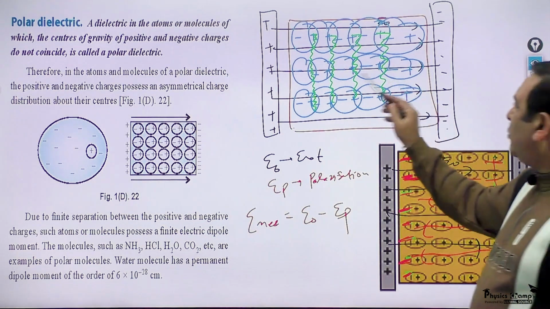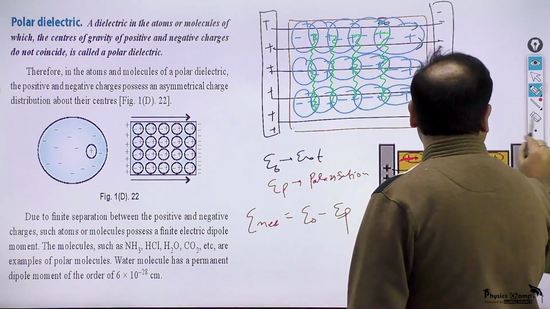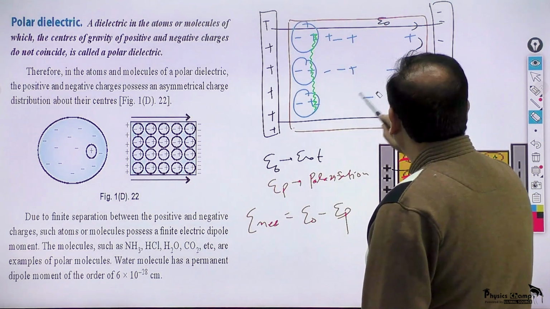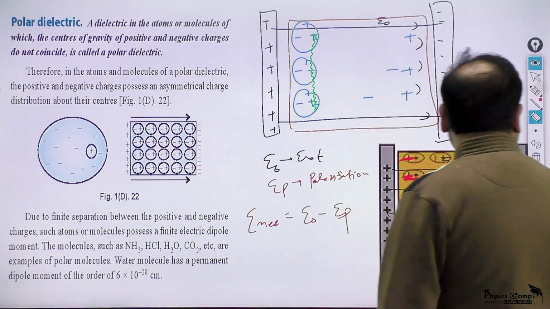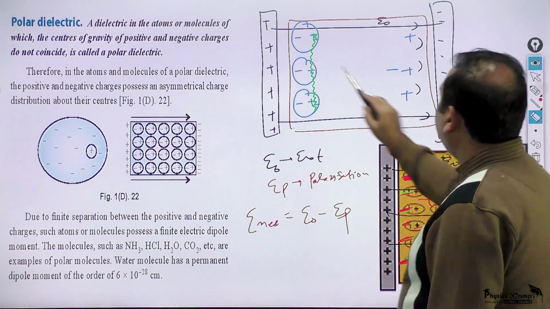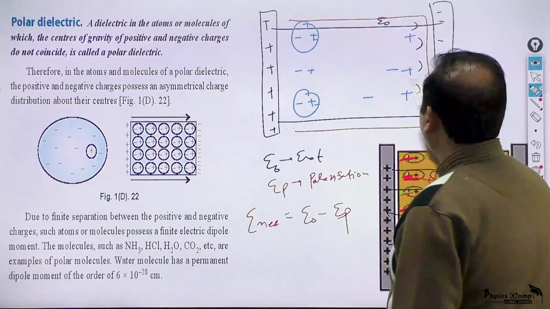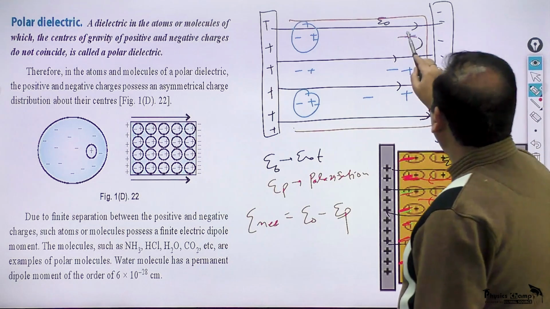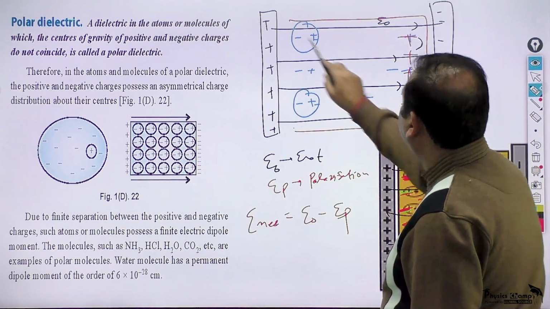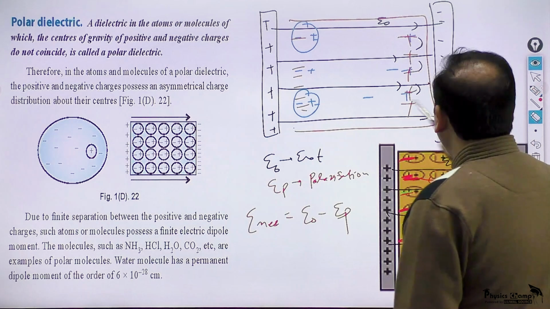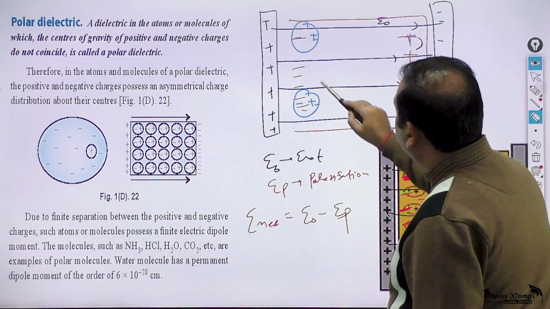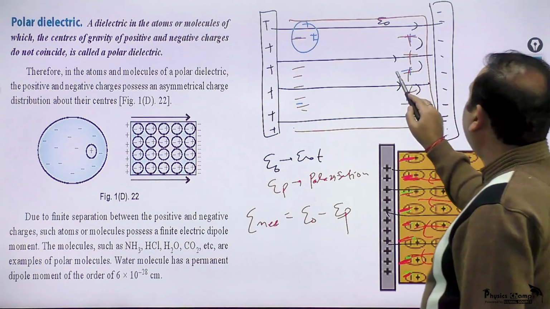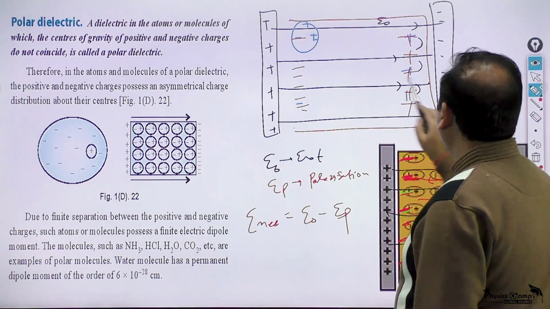So I am just showing it here. There are two electric fields. One is the external electric field E naught. And at the same time you get these oppositely charged, positive and negative. Leave all others, they are all neutralized. So due to this positive to negative, we have a net electric field here.